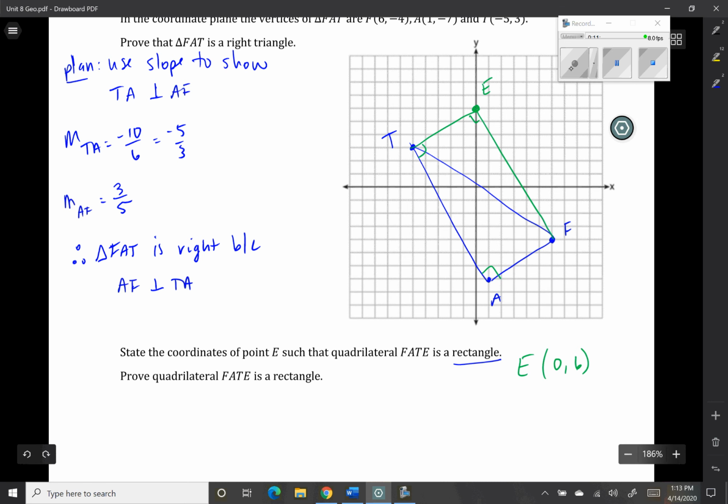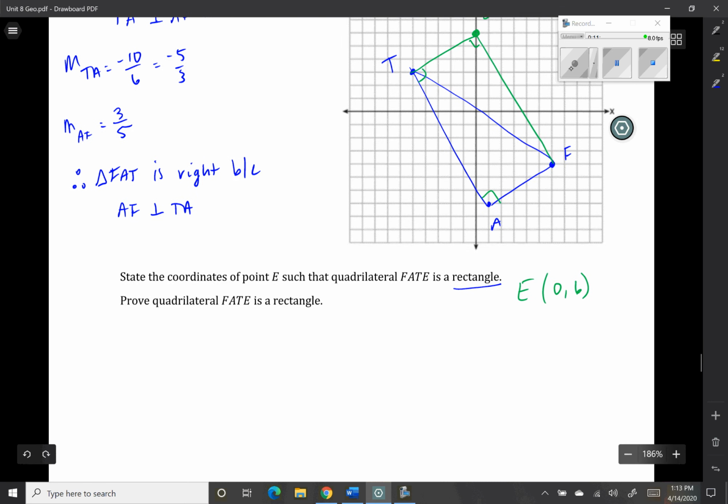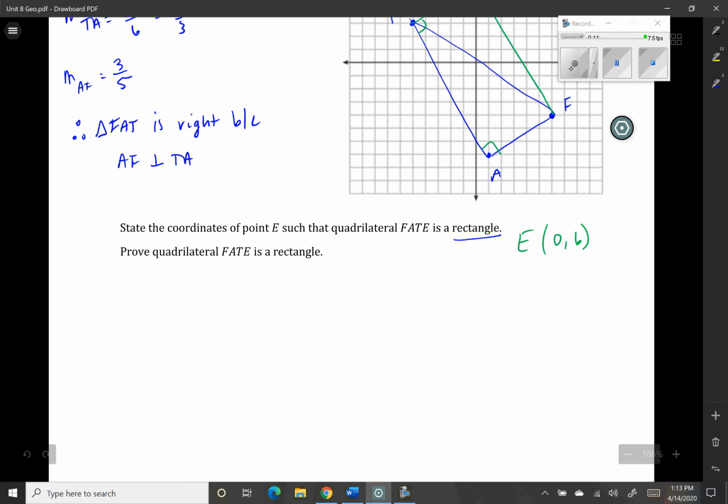Then it asks us to prove that this is a rectangle. To prove it's a rectangle, my plan is to use slope to show FATE is a parallelogram, because a rectangle is a special type of parallelogram.